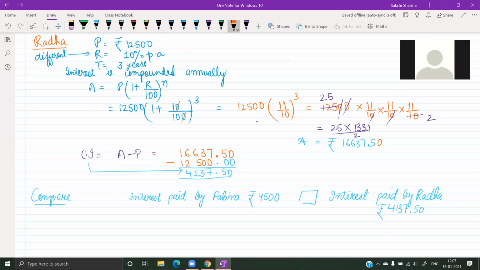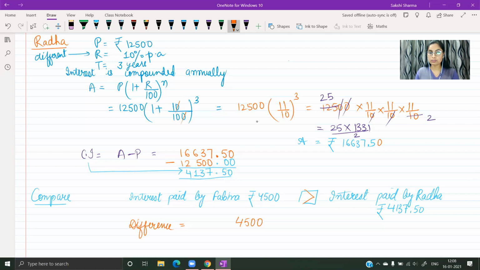This is a simple comparison. Anyone can answer this. Fabina. That's right. And then you have to find out by how much. So you will find out the difference. 4,500 minus 4137.50.